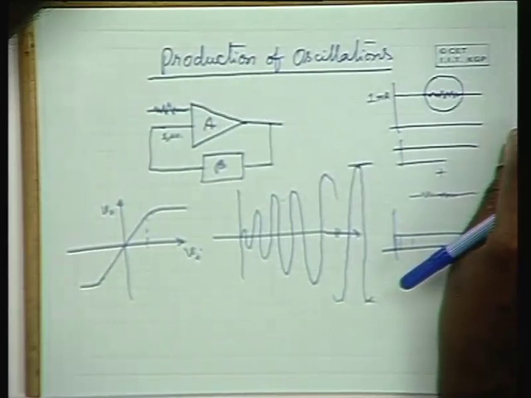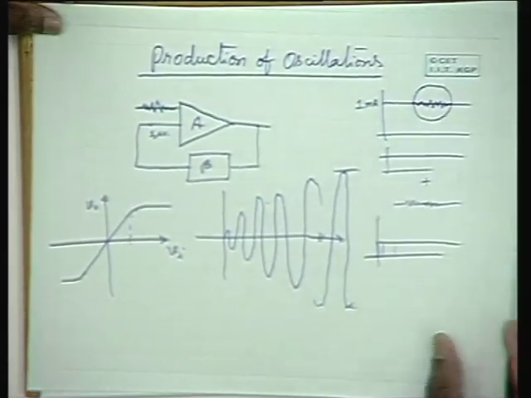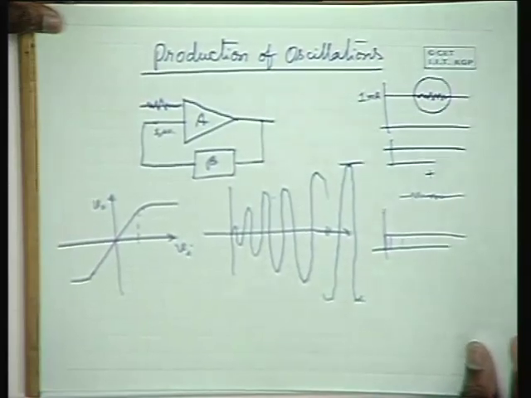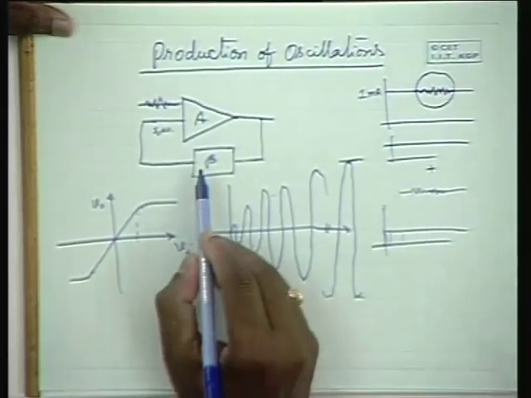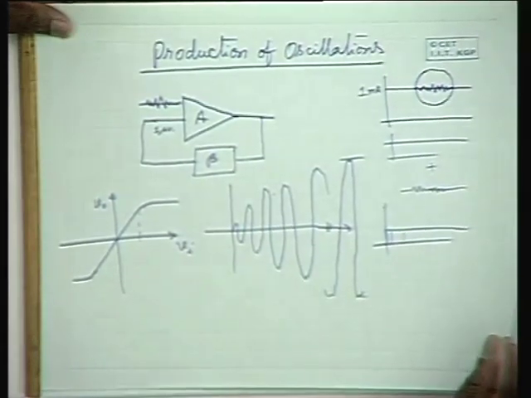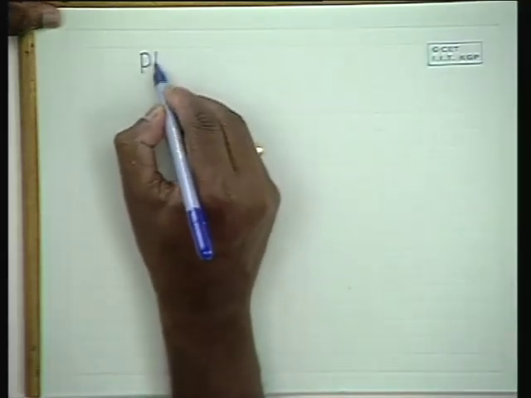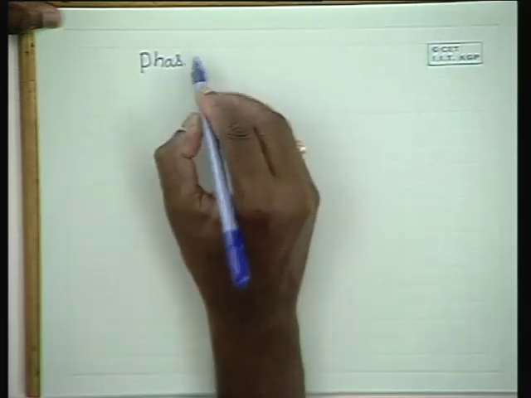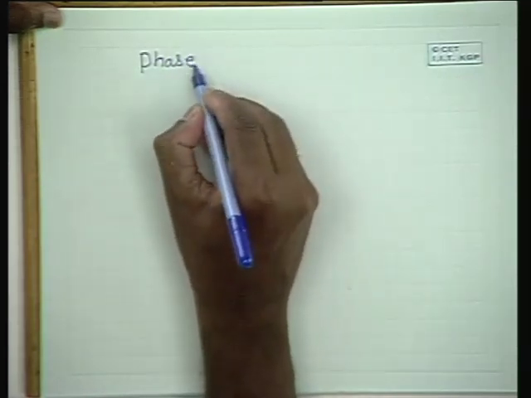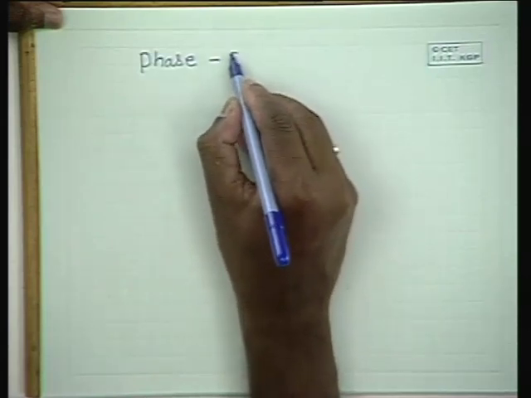Now let us consider different amplifier circuits which can be used for the production of oscillations, and different feedback networks which can be used for producing oscillations. So there are different kinds of circuits possible. One popular circuit which is used for low frequency oscillations is a phase shift oscillator.